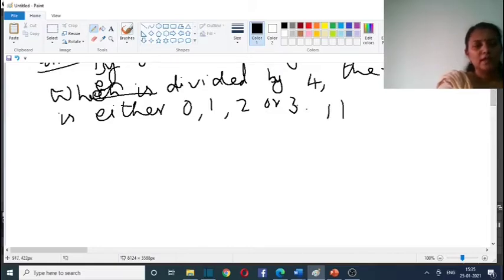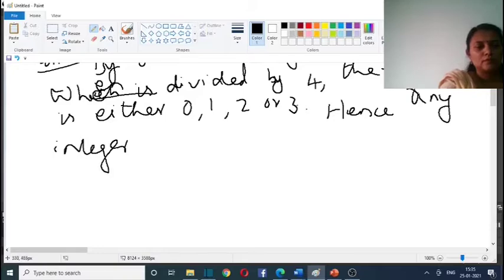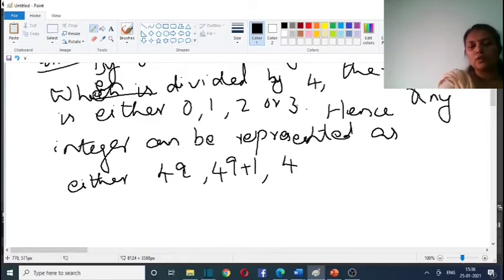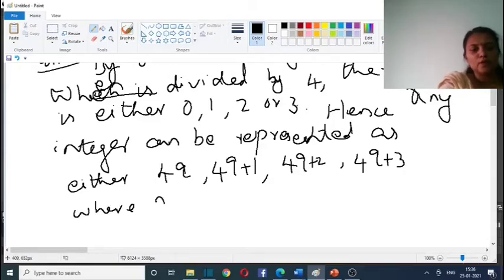So hence any integer can be represented as either 4q or 4q plus 1 or 4q plus 2 or 4q plus 3, where q is an integer.